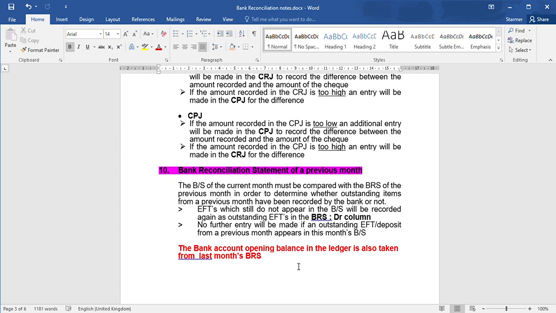That then gets brought forward in the new month, so that is why we start our ledger off with that balance. Alright, in future videos I'm going to go through first of all a worked example and then secondly some additional activities. But this video that I've now done covers all the differences that you need to know.